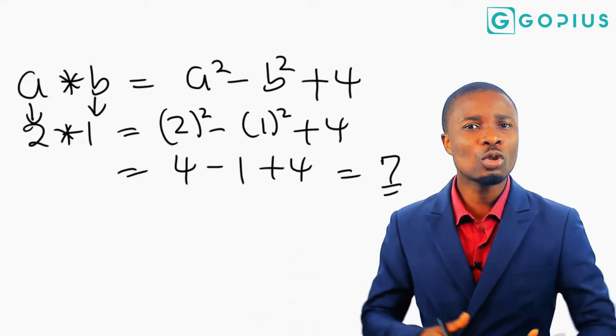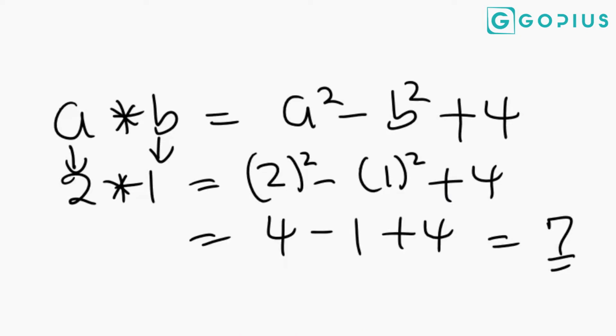So combining 2 star 1 with the laid down simple rule of A star B has given us a new value, which of course is 7. So a binary operation is simply a rule that will always combine two values at a time to produce a single value as the answer at the end of the day.